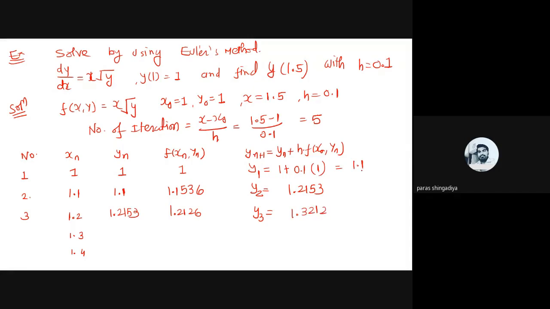Okay, otherwise 1.3212. Clear? Now check the fourth iteration. So for fourth iteration, x will be 1.3. We derive the y3, that is 1.3212. Okay, and now check it from 1.3 into square root 1.3212.